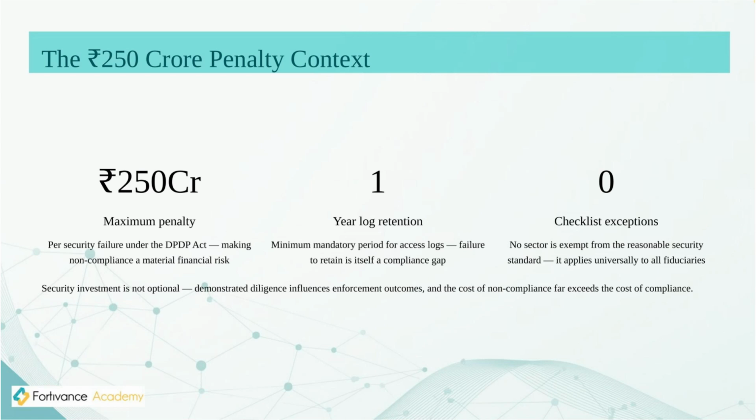So the lesson isn't panic about the number. The lesson is this is exactly why reasonable security deserves real investment and attention. The penalty context turns security from a nice-to-have into a genuine business risk. When you're making the case to leadership for security budget, this is the argument that lands.